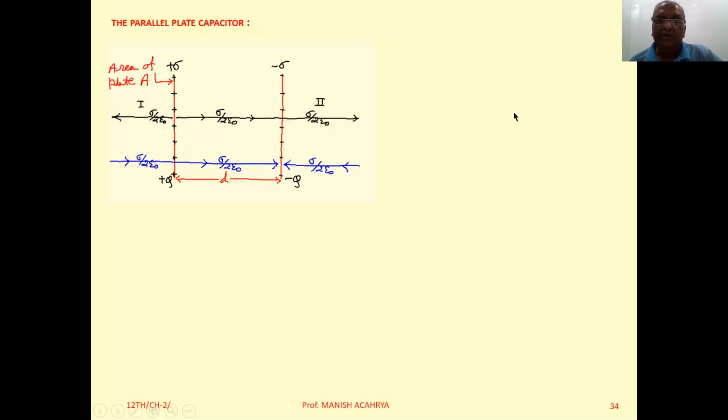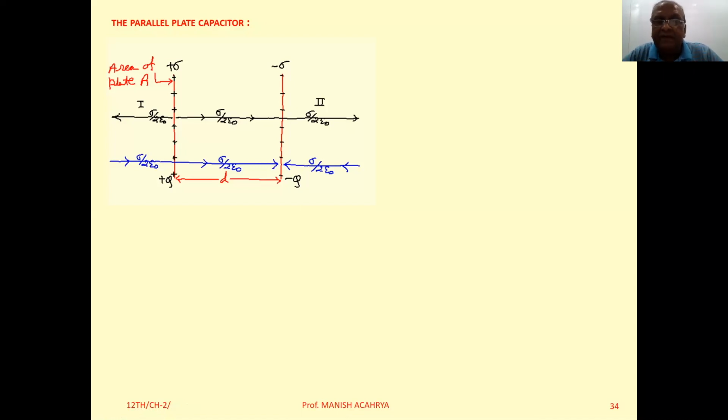In chapter 1 we studied this thing. For a charged plate, the electric field on either side of the plate at any point is given by sigma upon 2 epsilon 0.